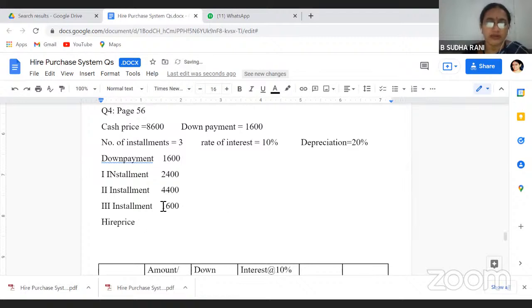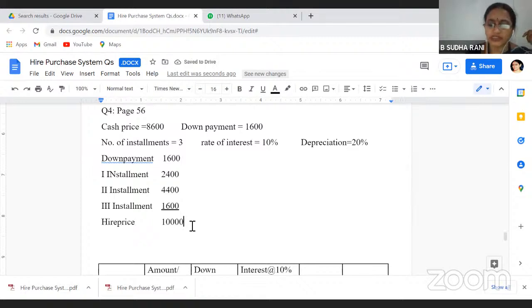Add all this. How much is the hire purchase price? 5, 8, 9, 10. Right? 10,000 is the hire purchase price.